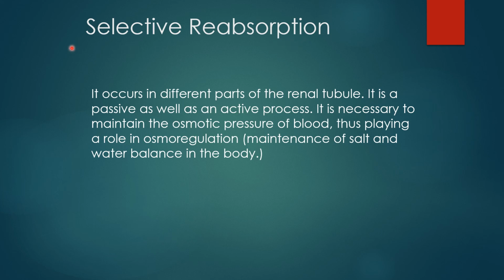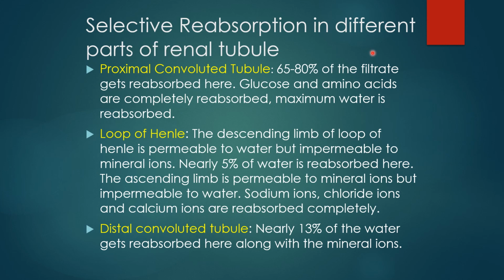Like 65 to 80% of the glomerular filtrate gets reabsorbed in the proximal convoluted tubule. Glucose and amino acids are completely reabsorbed, and maximum water gets reabsorbed in the proximal convoluted tubule.